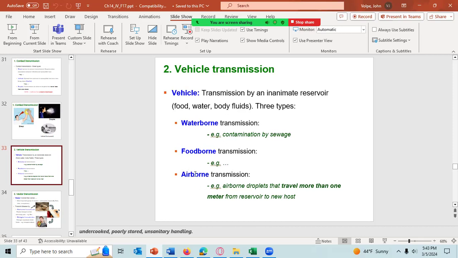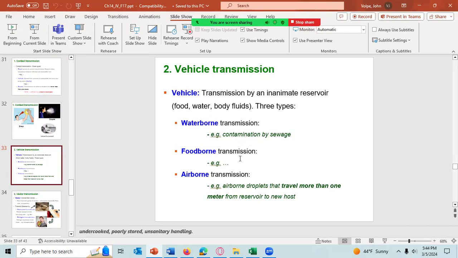We've already talked about airborne transmission, but there's waterborne transmission, where the microbe can get in the water and contaminate it, such as contamination by sewage. This frequently happens in third world countries. It doesn't happen really in first world countries. But waterborne transmission is a problem in the world, just not in the first world countries.